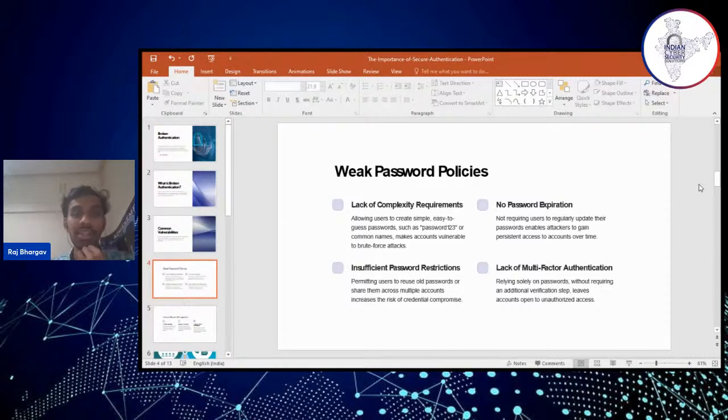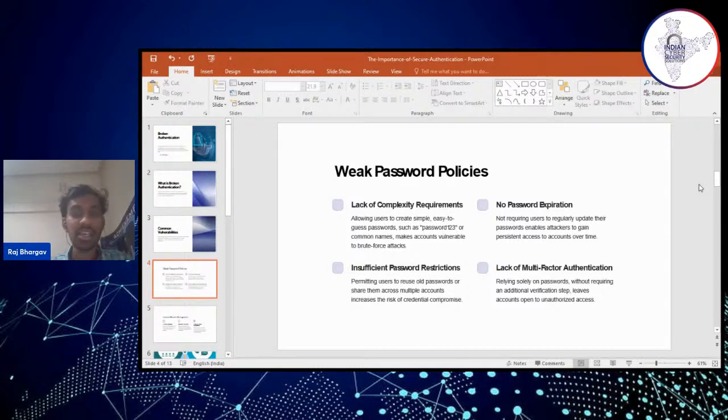So we need to use all kinds of characters: special characters, capital letters, small letters, everything. Also, no password expiration and insufficient password restrictions. You should not reuse your password for every account.